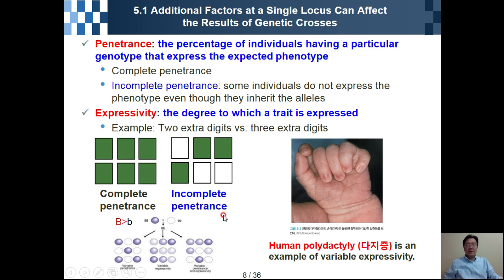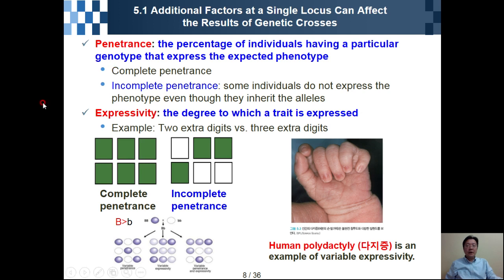So what's the penetrance here? 100%, isn't it? How about in this case? Only 5 expressed the expected phenotype, so the penetrance is 50%.